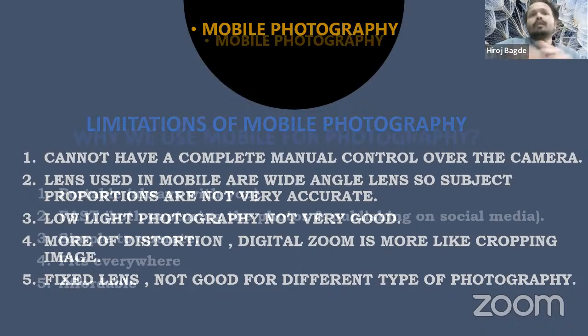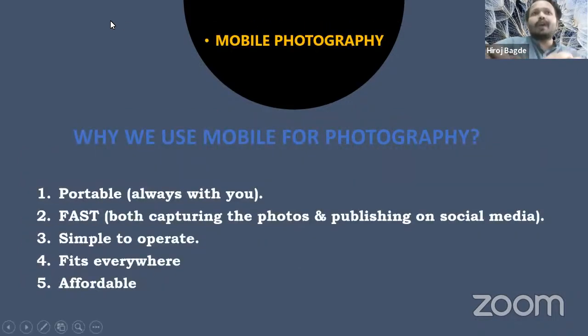So why, from the first slide, have I shifted to the second slide? That is why we use mobiles: they are portable, fast, simple to operate, and fit everywhere. You carry your device to any place whenever you want. It's affordable also. Nowadays, even simple cheap cameras have good lenses.